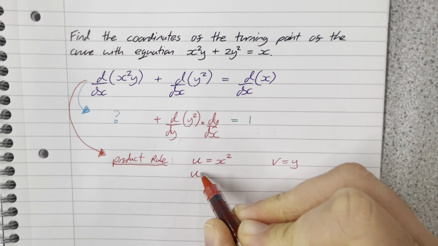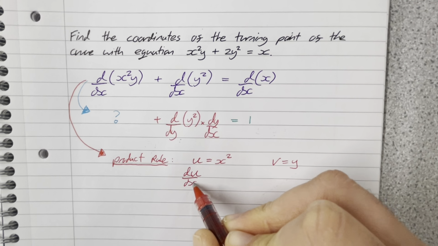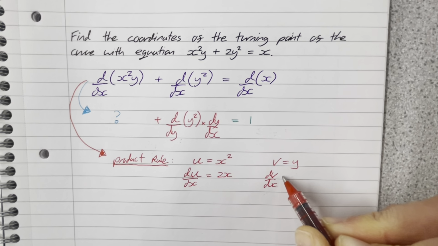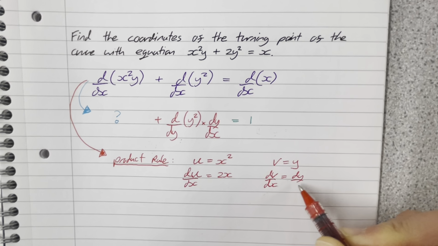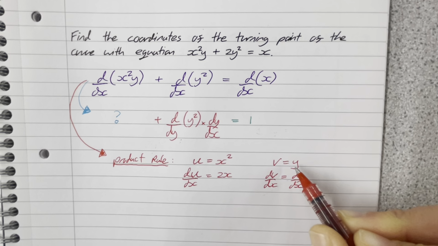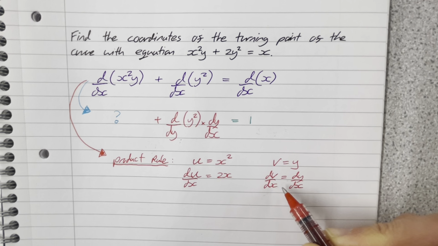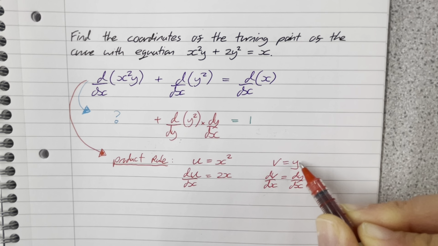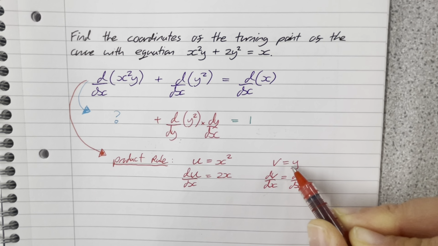Differential of u with respect to x, so I'm going to write this as du by dx, that is 2x. And the differential of v with respect to x, well, in this case, is just dy by dx. Just differentiating both sides with respect to x. If this was a more complicated expression for y, then you'd need to employ implicit differentiation here.